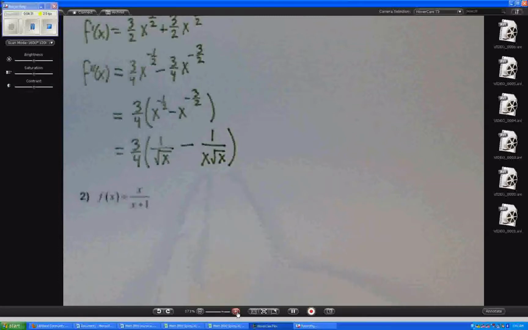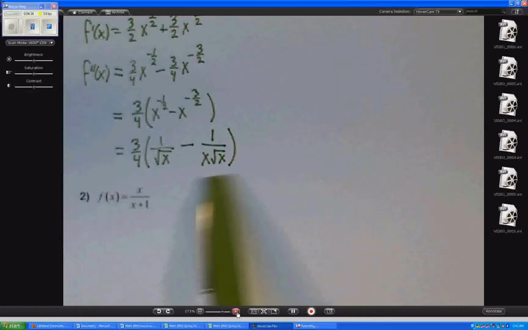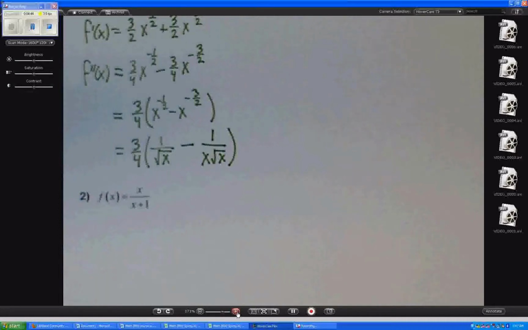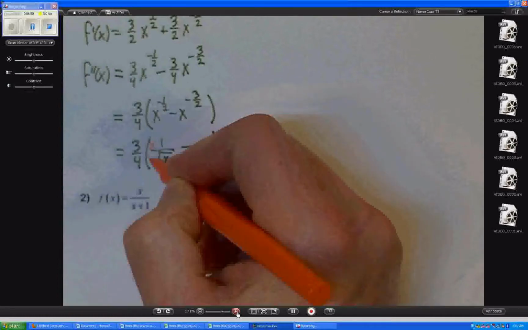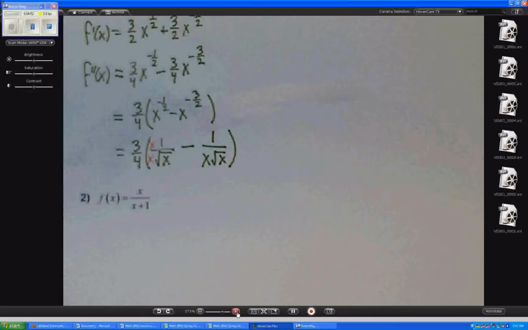And then what do I have to do next? I'd like to subtract these fractions, but I can't. I need to find a common denominator. What's the common denominator I want to get? Okay? And so I claim if you take that first fraction, and if you multiply the top and the bottom by an x, you're going to get it. Okay? So let's continue to do some work here.